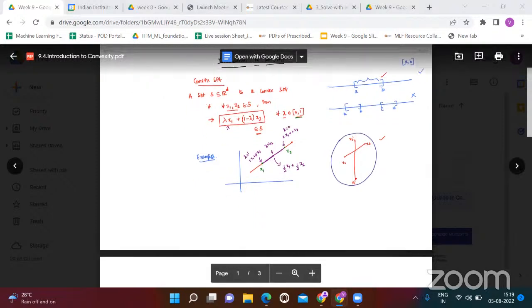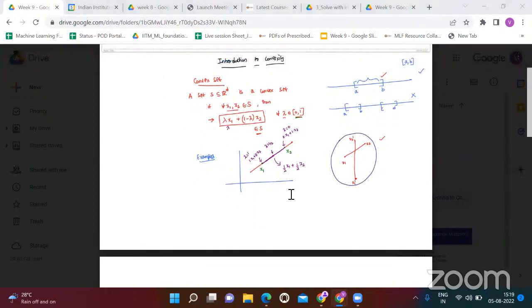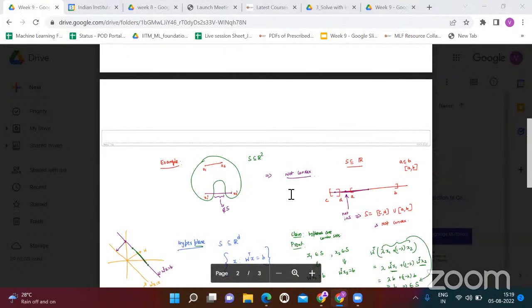Okay, so this is the convex set mostly. There are many methods; if you go through the slides, you can get to know, for example, that if you take the intersection of two convex sets, you get a convex set.